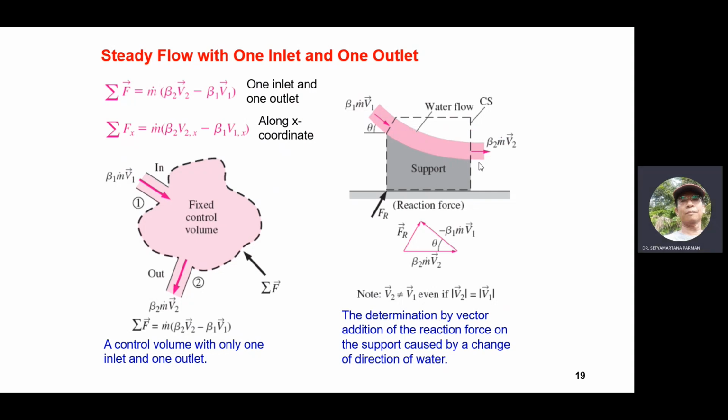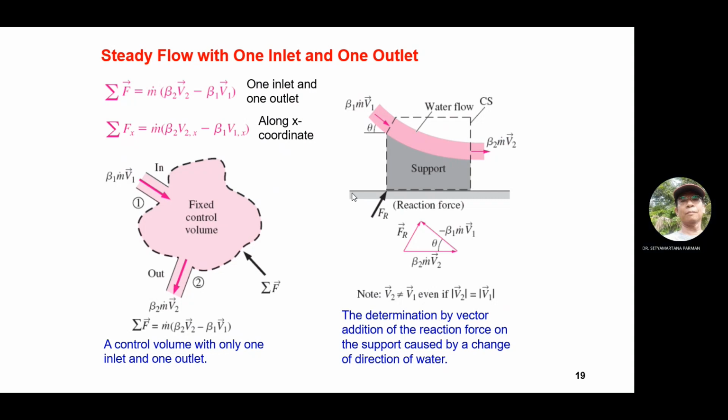What is important here is that we define the control surface where the area is perpendicular to the velocity, and here also, we define the control surface where the area is perpendicular to the fluid entering the control surface.